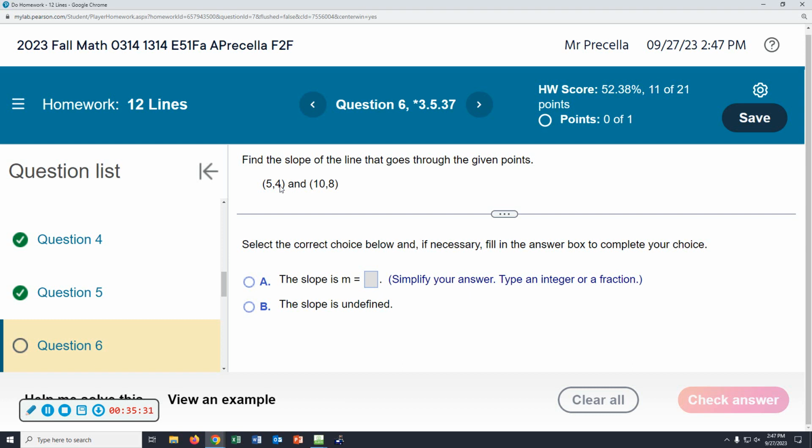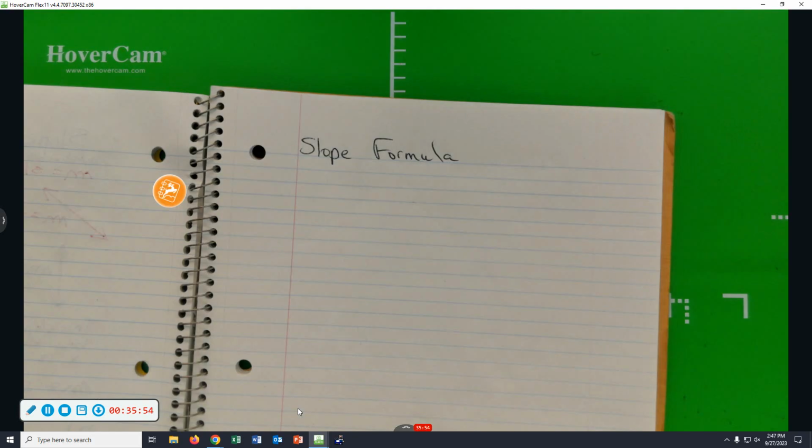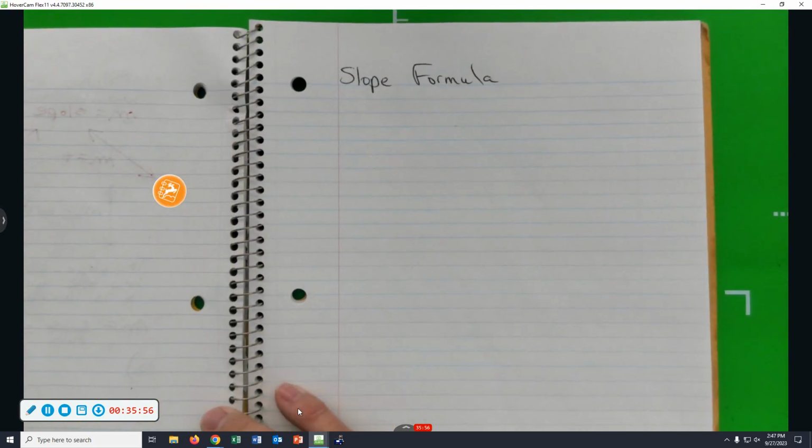So here we have the slope formula. We're going to use 2 ordered pairs and label them the same way that we did with distance and midpoint. Do you all remember those little subscripts, x1, y1, x2, y2?